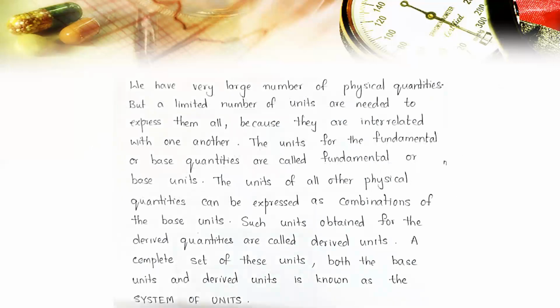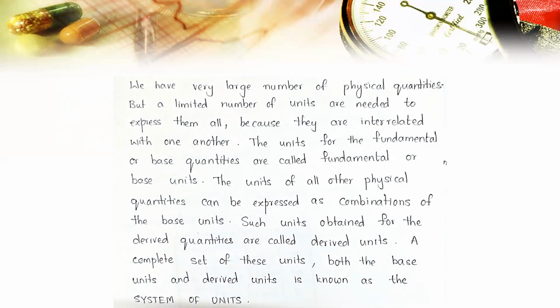We have a very large number of physical quantities. We measure length, mass, time, and we measure velocity, acceleration, force, energy, power, and so on. But a limited number of units are needed to express them all because they are interrelated with one another.